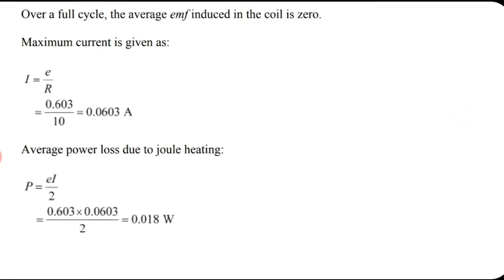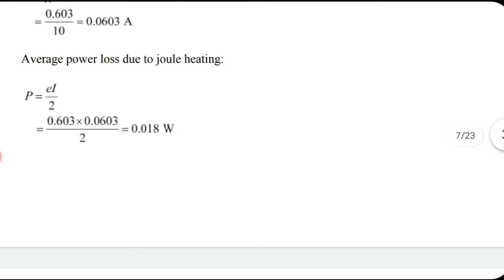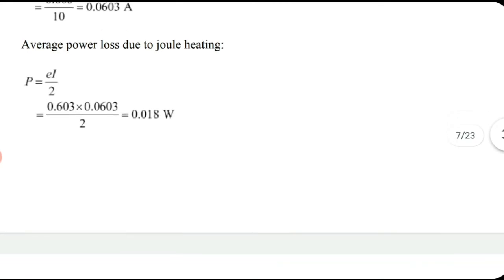The maximum current, as I said, is 0.0603 ampere. Now the average power loss due to heating is not 0. It is half the product of induced EMF and current, that is P is equal to EI by 2, or 0.603 into 0.0603 by 2, that is 0.018 watt.